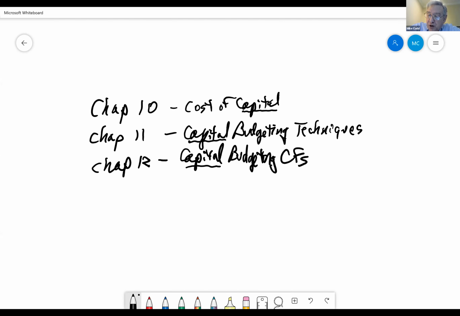Nissan built a huge auto manufacturing plant. But before they built it, they had to decide if it's a good idea. So they went through an analysis process to see if it's a good idea.